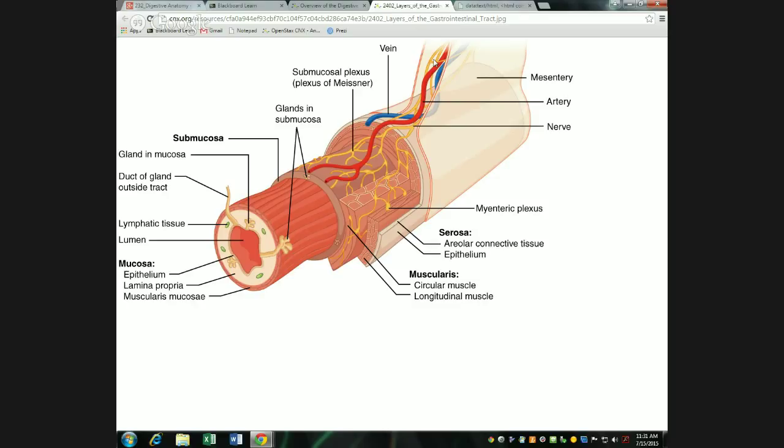Outside of the abdominal cavity, the serosa doesn't really apply. The esophagus, instead of having the serosa, has connective tissue holding it in place, which is technically called an adventitia. Not that I'm ever going to ask you about that. But it's essentially the same thing as the outer layer of a blood vessel. And blood vessels have, as their tunica externa, just loose connective tissue that anchors them in place. The esophagus is essentially the same thing.